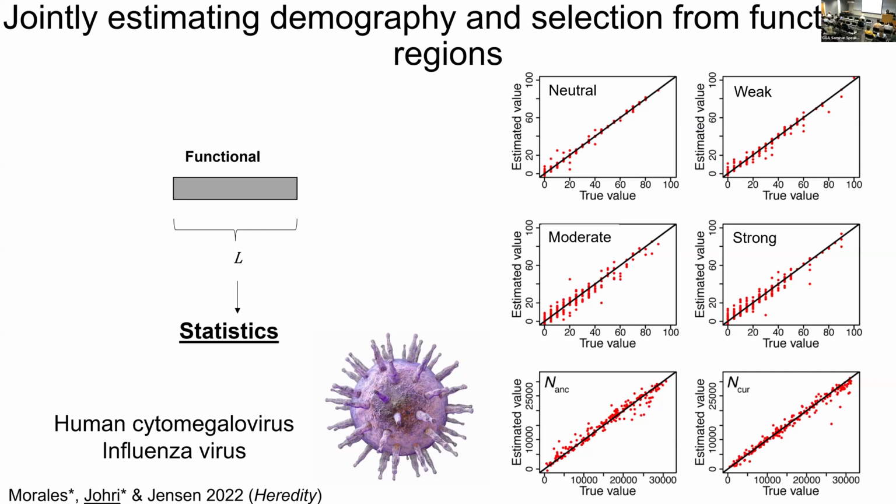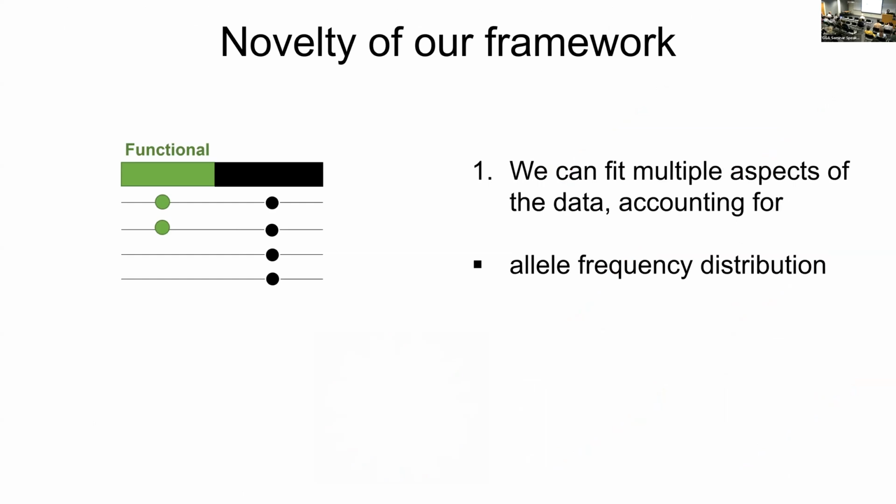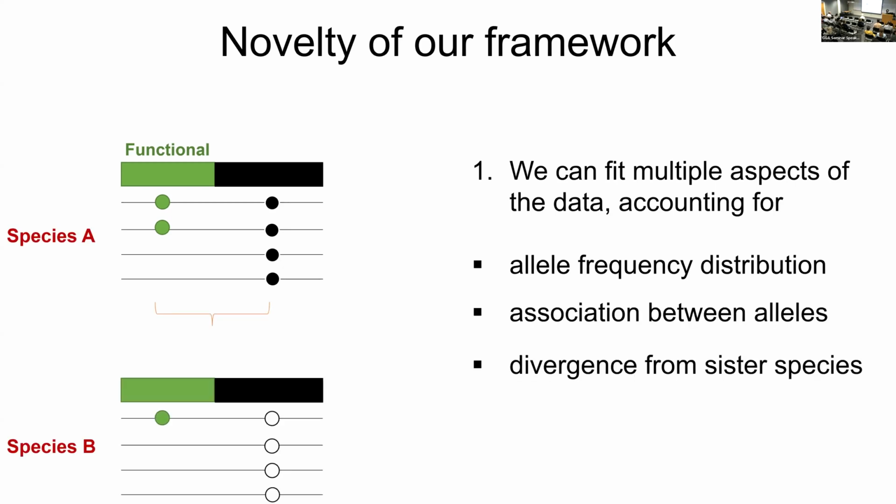Okay, so there were a few aspects of our framework that were different from previous ones. One advantage was that we could fit multiple aspects of the data. For example, likelihood methods were only looking at the distribution of allele frequencies, but we were looking at that, and we were also able to account for LD between different sites, and also divergence from nearby species.